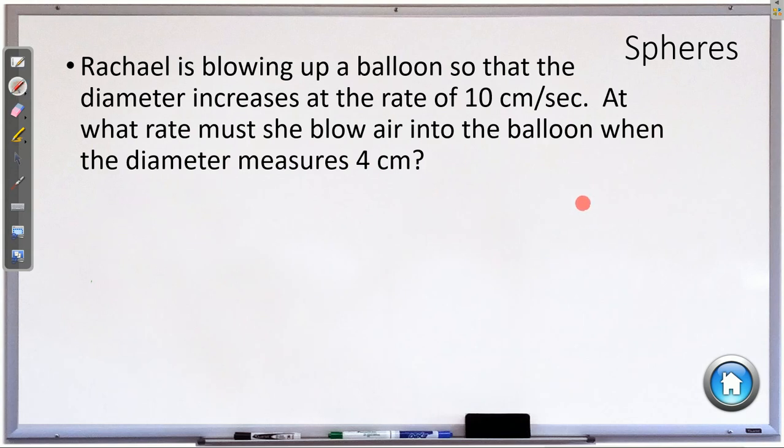So if you want to think about a balloon, we're going to approximate it as a sphere. Here's my best sphere for you, sorry. So what variables do we have here? Well, the volume of a sphere, if you'll remember, is 4/3 pi r cubed.